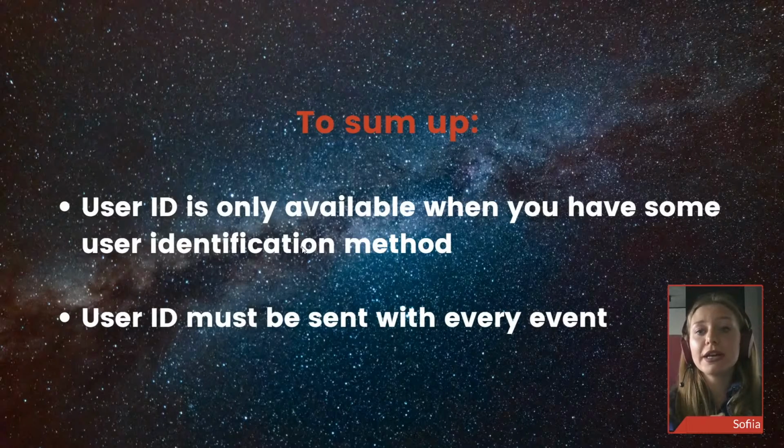As you saw in my case, this was some login functionality. So I had a web page where you could log in. And the second thing, that user ID must be sent with every event. So you could also see that I implemented it in the configuration tag of GA4 directly. So these are two key findings related to user ID.